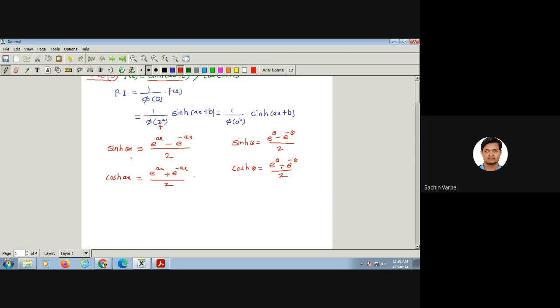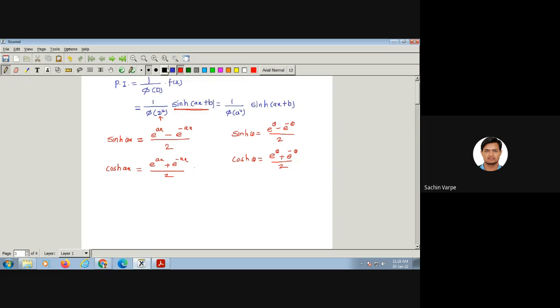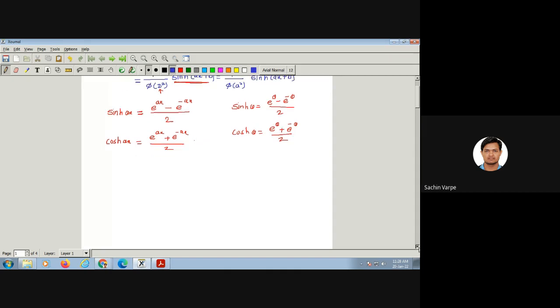Okay? So either we can replace D square by plus a square, or by getting the exponential forms of sine or cos, we can proceed further with the first case, the exponential case. Okay? So this is the hyperbolic function case.